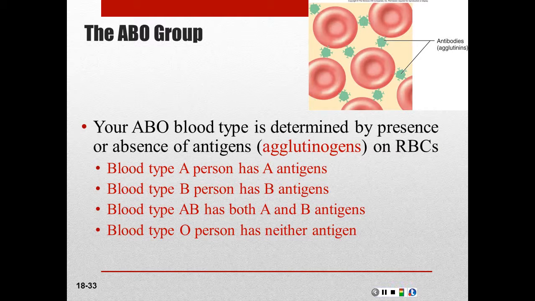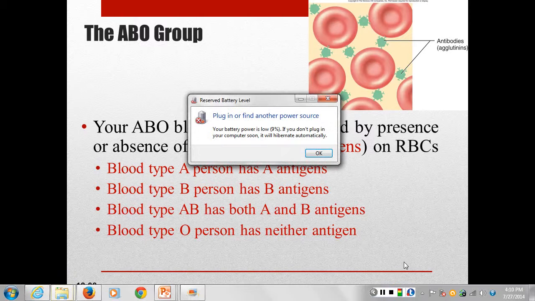The antibody against antigen B is called anti-B, and is present in the plasma of people with type O and type A. Each antibody molecule has 10 binding sites and can therefore attach to several red blood cells at once and agglutinate them.